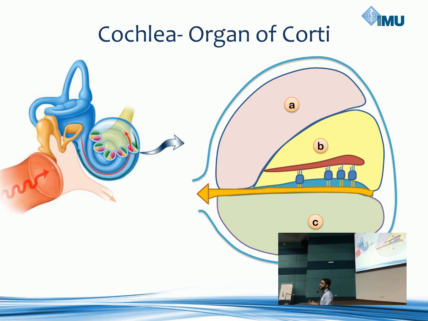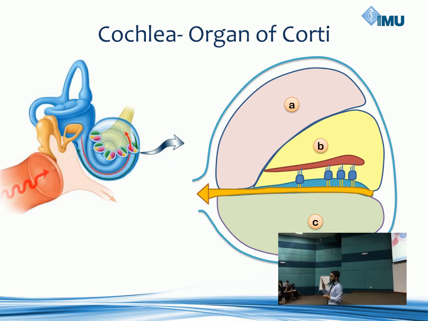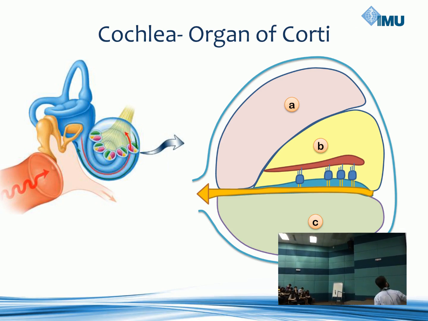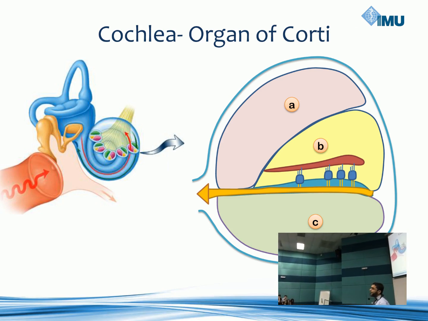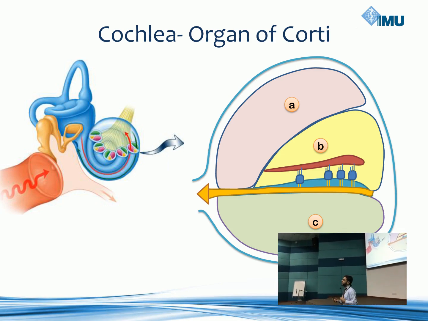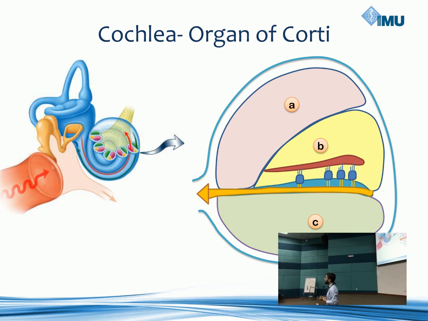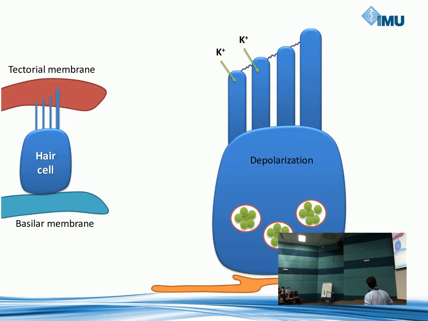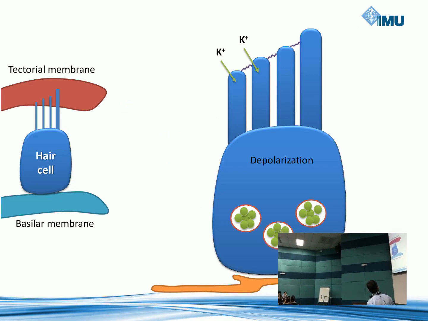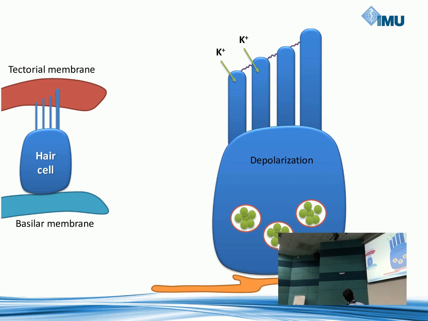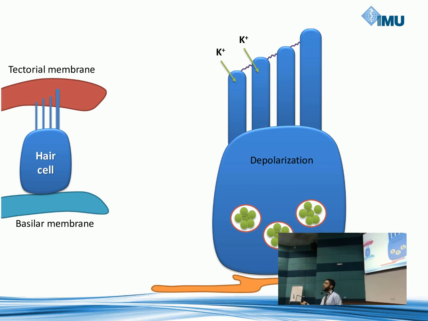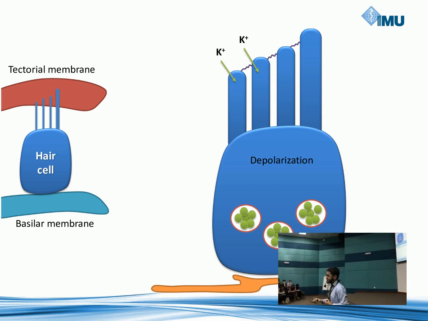On top of the hair cells, you find stereocilia coming out, and these stereocilia are embedded in a gelatinous membrane. This is called the tectorial membrane. So if you look more closely, this is the basilar membrane, the hair cell, and the stereocilia, which are embedded in this gelatinous material called the tectorial membrane.